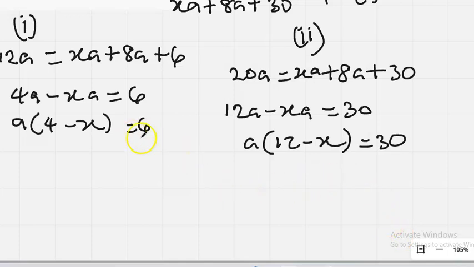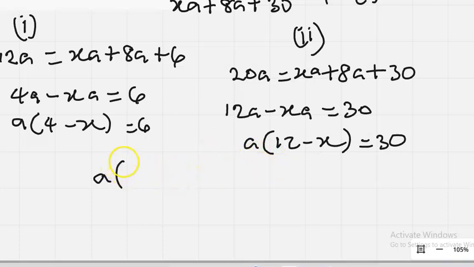So now from equation 1, I have A times (4 minus X) equals 6. From equation 2, I have A times (12 minus X) equals 30. I need to combine these two equations in order to be able to find X. I'll divide equation 2 by equation 1.